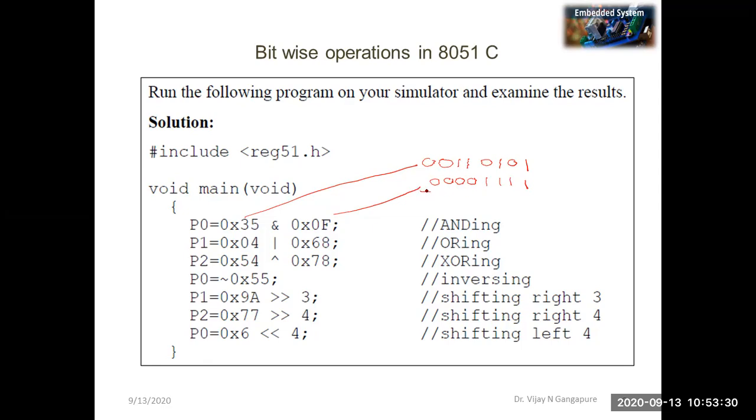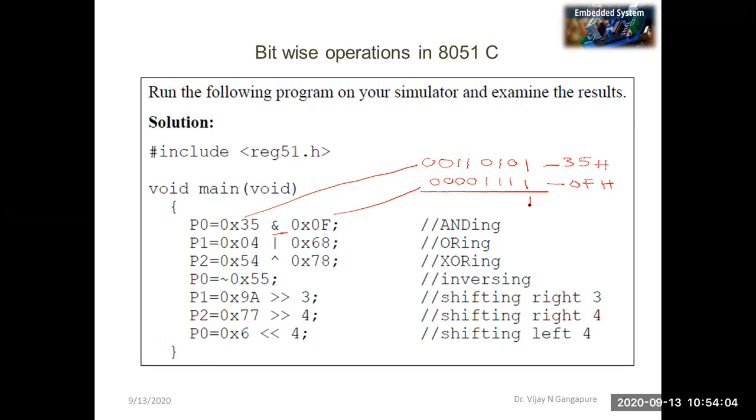So this is 35H or 0x35, and this is 0FH. Now, between these two bytes, how does the bitwise AND operation happen? This is the D0 bit from 35H and the D0 bit from 0FH, so there will be a bitwise AND operation between these two bits.